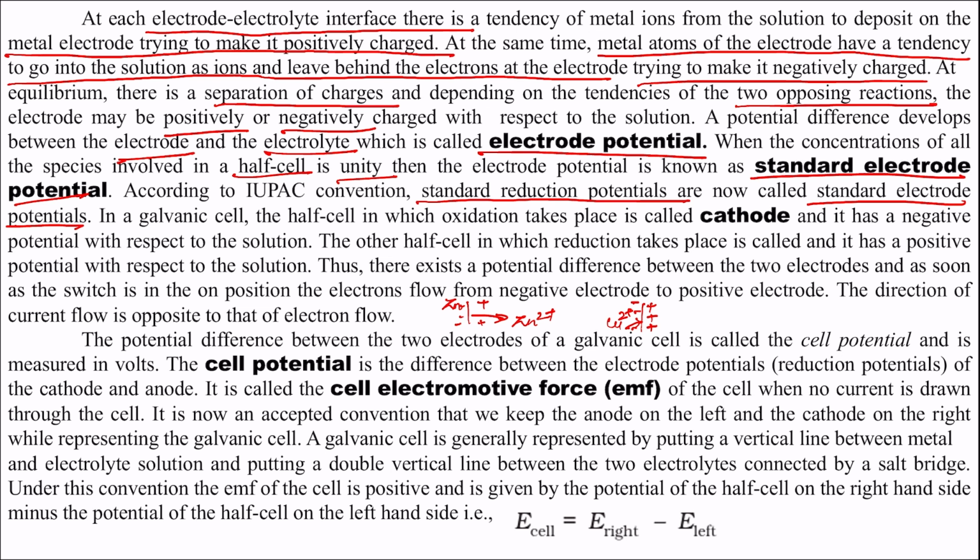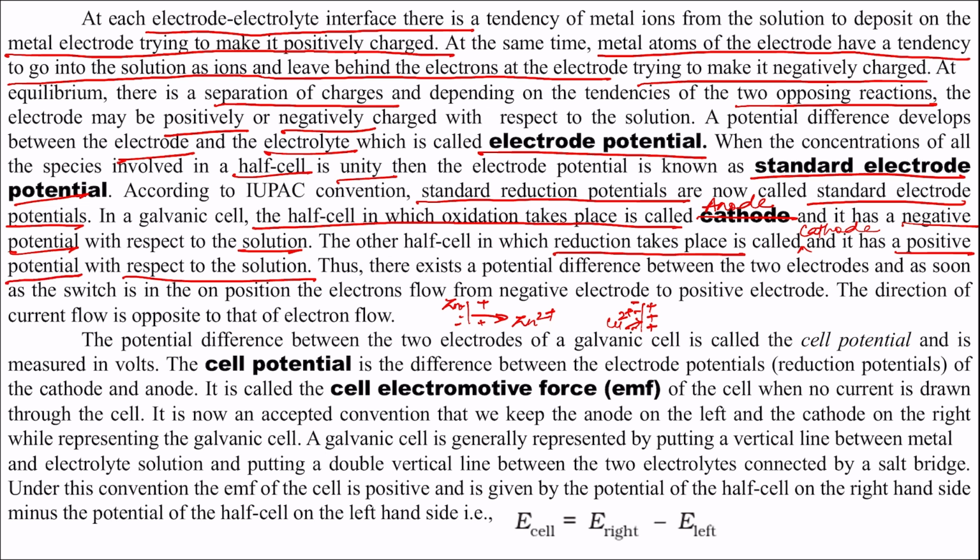In a galvanic cell, the half cell in which oxidation takes place is called the anode, and it has a negative potential with respect to the solution. The other half cell, in which reduction takes place, is called the cathode, and it has a positive potential with respect to the solution.